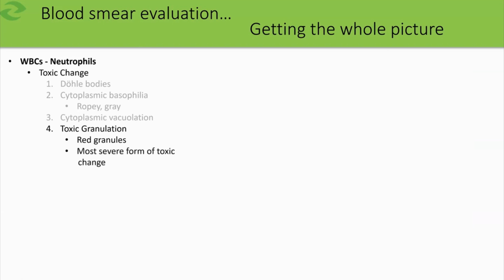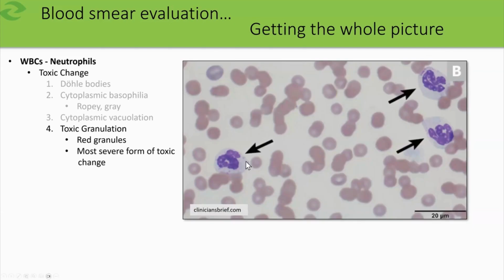It's characterized by red granules, similar to these here. So red granules, these are neutrophils. Is this toxic change? If I told you this was a cat, think about this: toxic granulation, we just said, is the most severe form of toxic change. Well, where are the Döhle bodies?